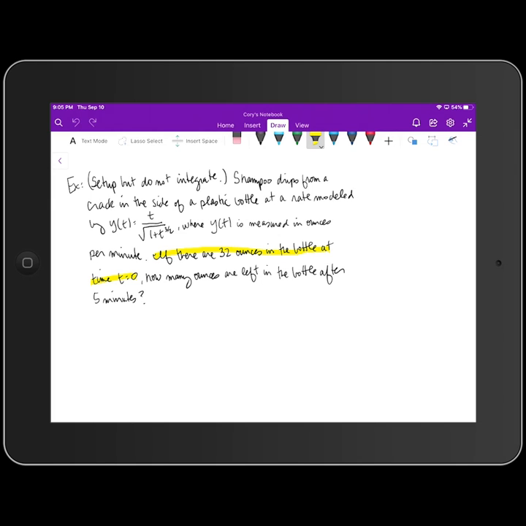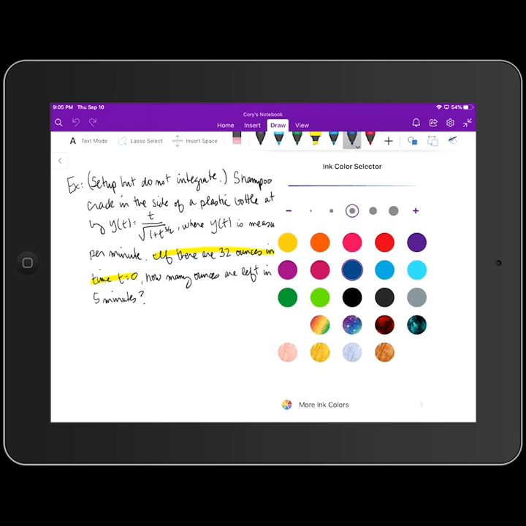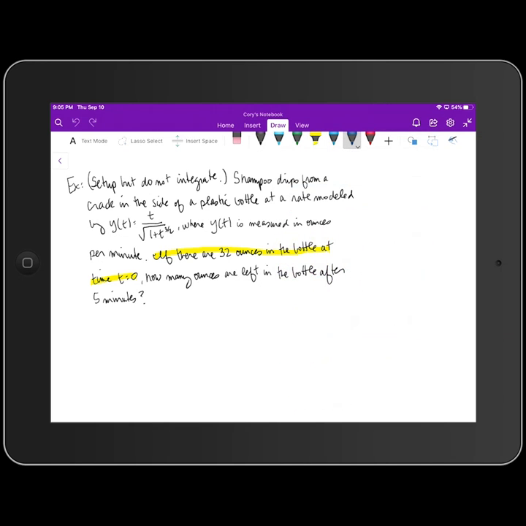Now, we're not explicitly told here what the antiderivative of the function y of t is. But if y of t is measured in terms of ounces per minute, when we take the antiderivative of that, so if you picture your Riemann sum, let's say you've got a graph that looks like this.